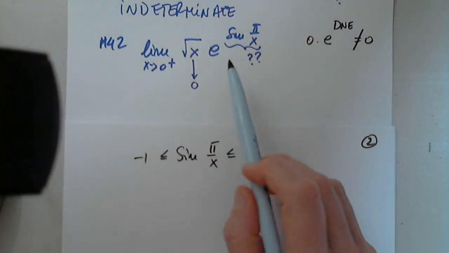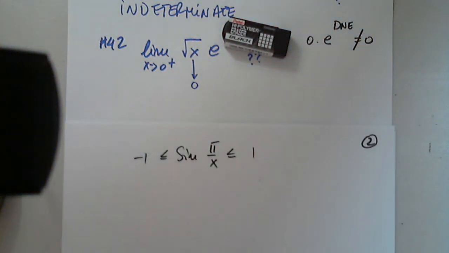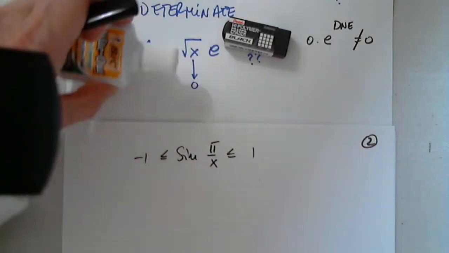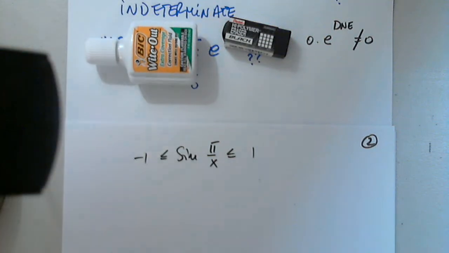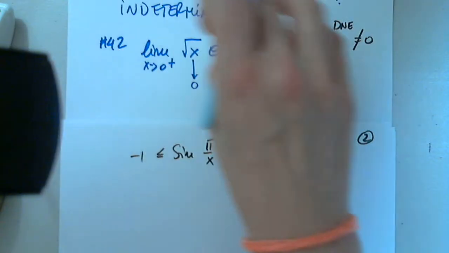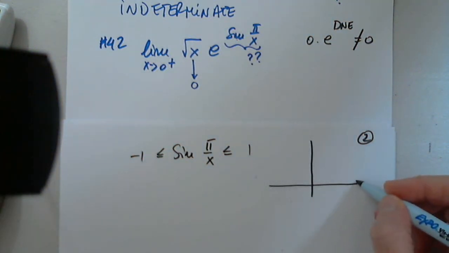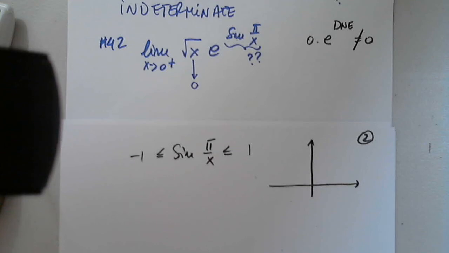Now, see, I reached this stage. Don't even look at this side. So we are really talking about e to something. When I talk about e to something, I immediately imagine its graph. And you can say, why do we have to do that all the time?